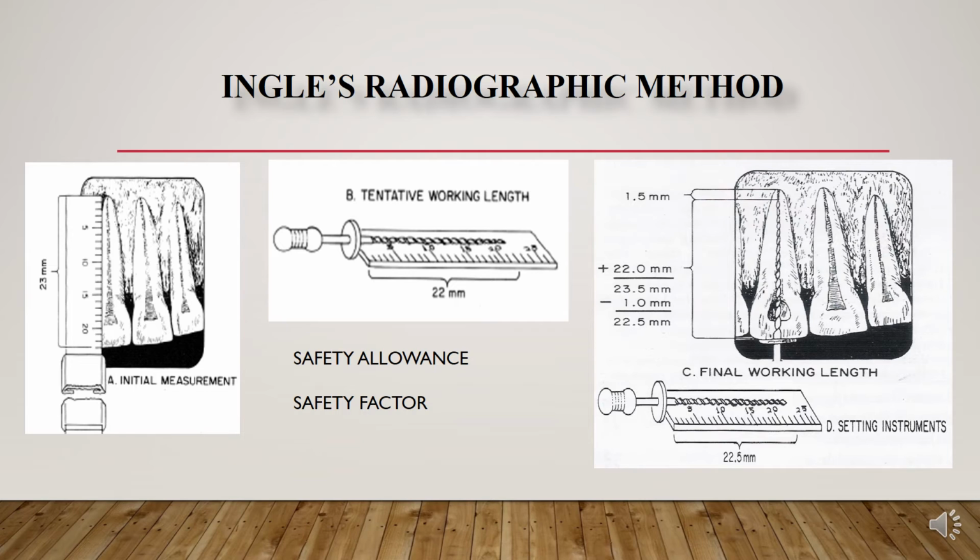In the picture depicted, from the tip of the file to the radiographic apex, it was 1.5 millimeter, but we need to get just 1 millimeter short of the apex. So adjust one more, sorry, 0.5 millimeter, to get 22.5 or just 22 millimeters. Either it can be 0.5 or 1 millimeter. So adjust that and take one more confirmatory radiograph.